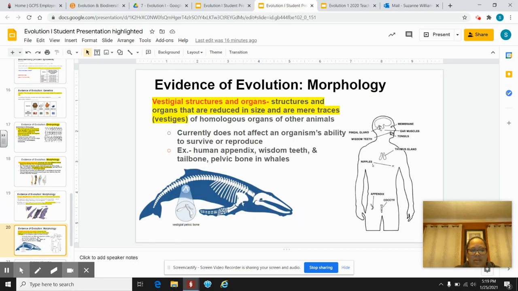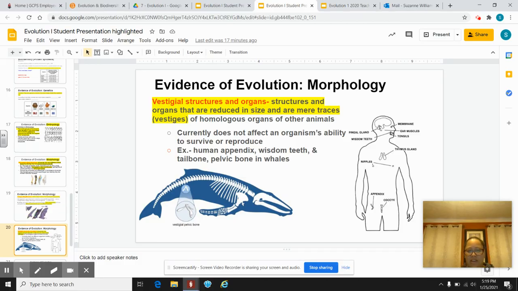The last morphology slide is about vestigial, that's how you say that, structures and organs. So these are structures that way back in the past might have had a function, but no longer serve a function.